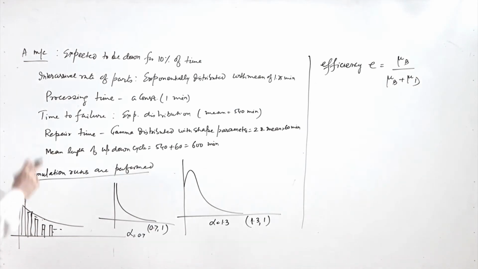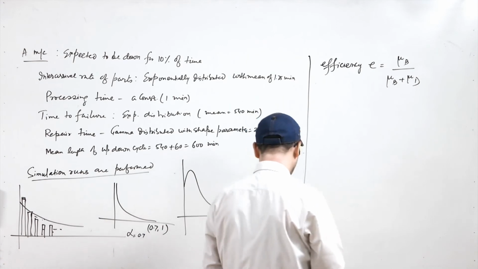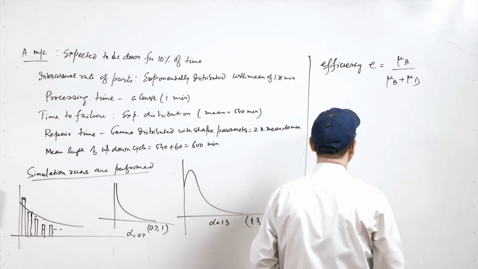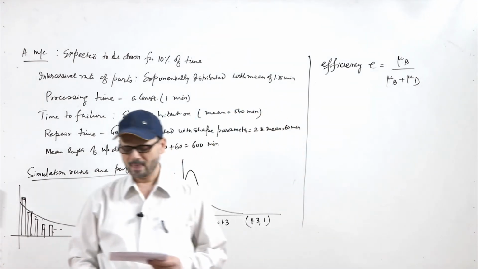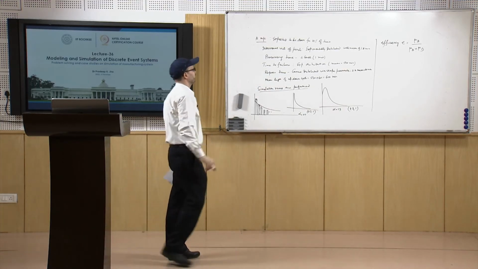It is nothing but the long-run proportion of potential processing time during which the machine is actually processing parts. This is how efficiency is defined.